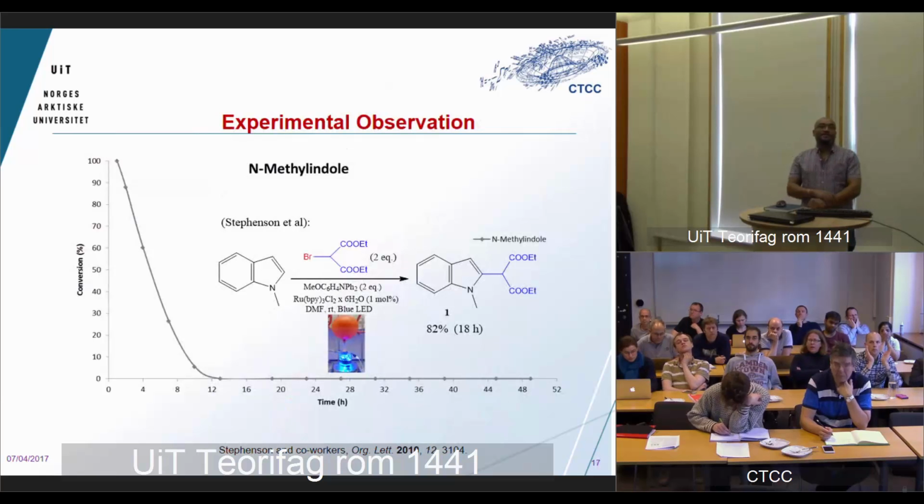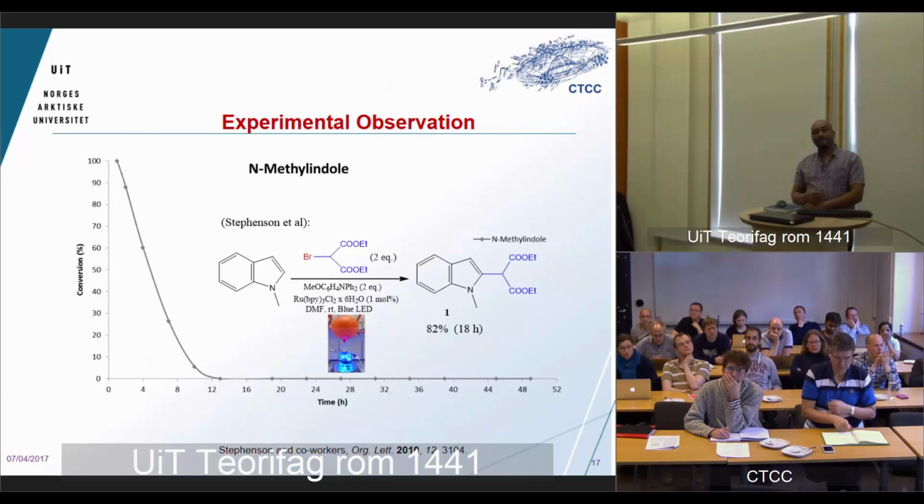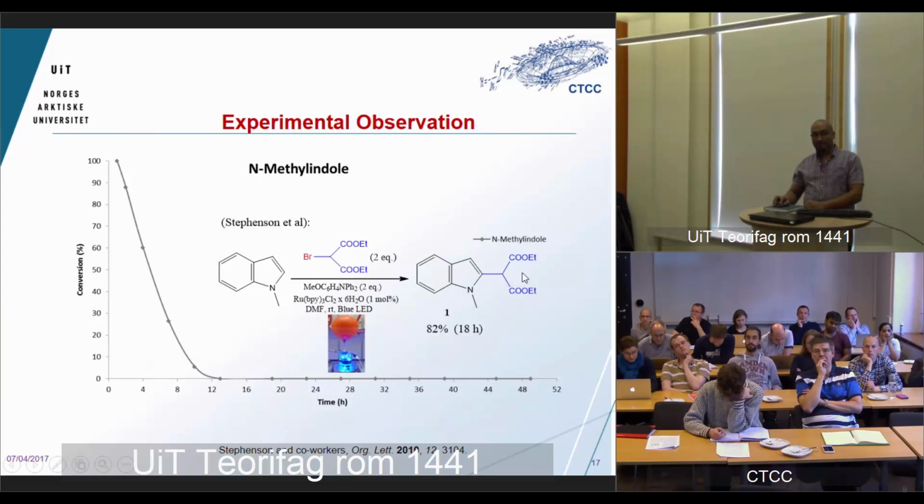The first thing is they started to validate the previous study reported by Stephenson and his group in 2010. Methyl indole reacts with this bromomalonate in these reaction conditions and forms this monofunctionalized, or monomalonated, methyl indole with 82% yield after 18 hours.